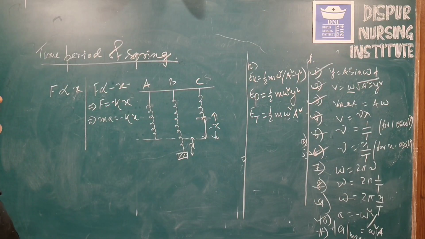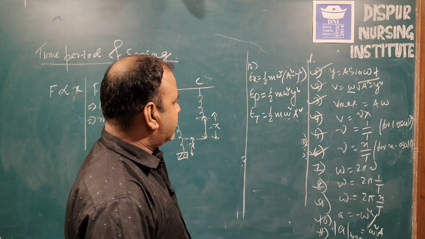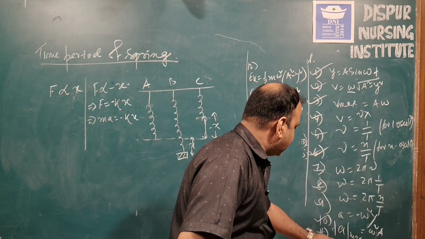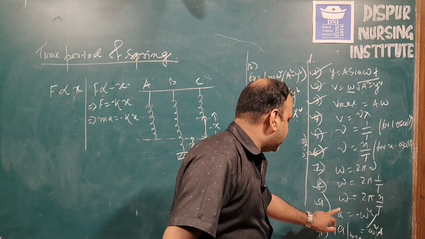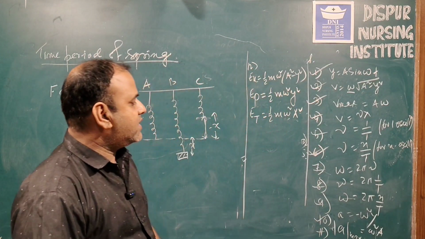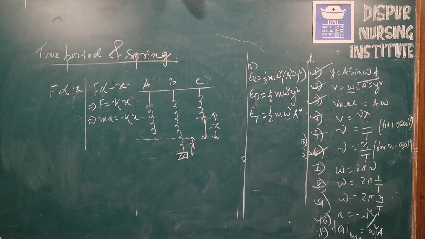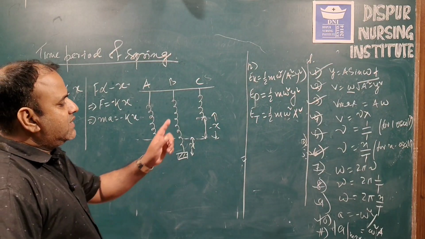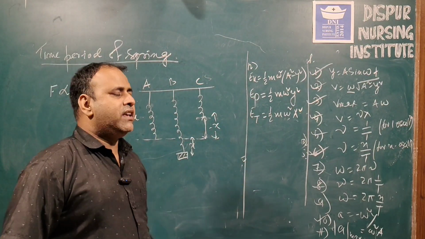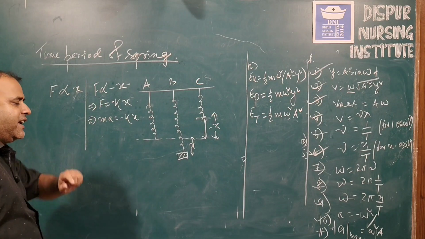So dear students, already I have given this formula. A is equal to the acceleration. Here you can see serial number 10, it is given the acceleration of the simple harmonic motion, a is equal to minus omega square y. But in the given formula, I have given displacement y, but here I have given displacement x.